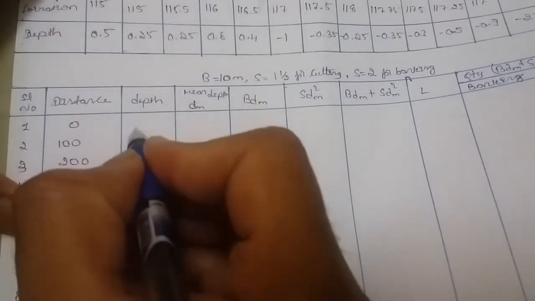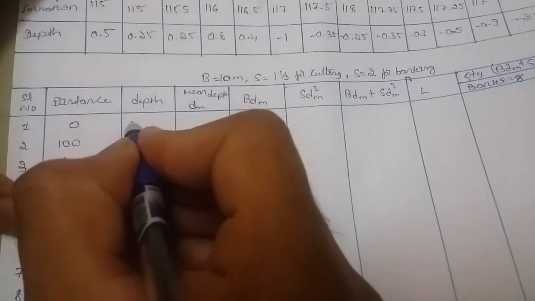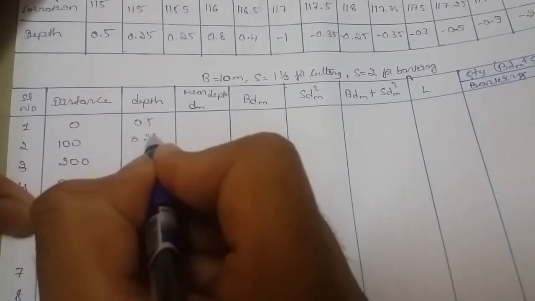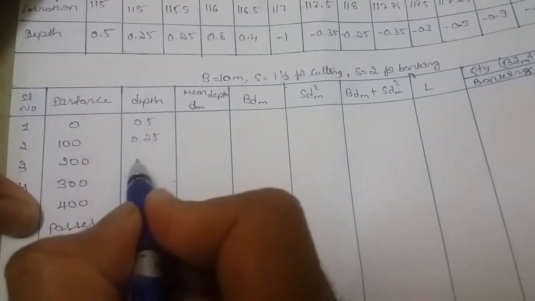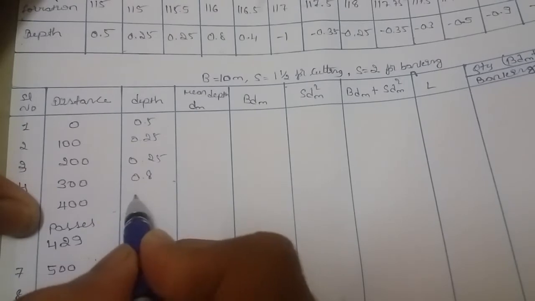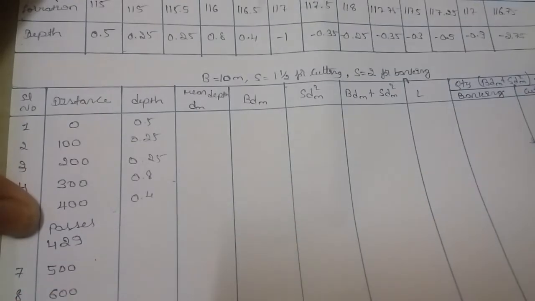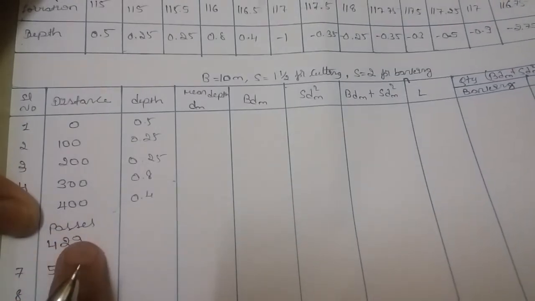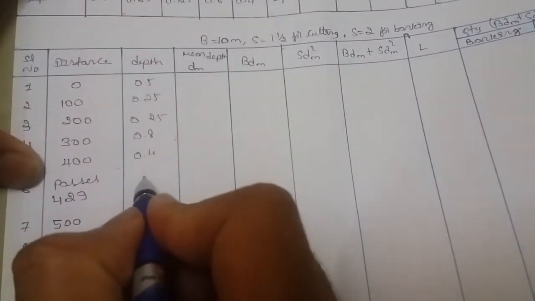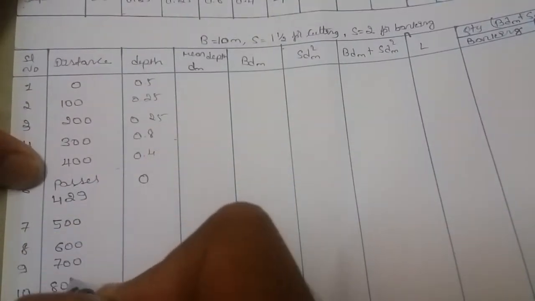At 0 you got 0.5, at 100 you got 0.25, then at 200 you got 0.25, 0.8, 0.4. Now at the pass of 429, we are not getting any depth. We should get it as 0, so I'm going to mention it as 0.